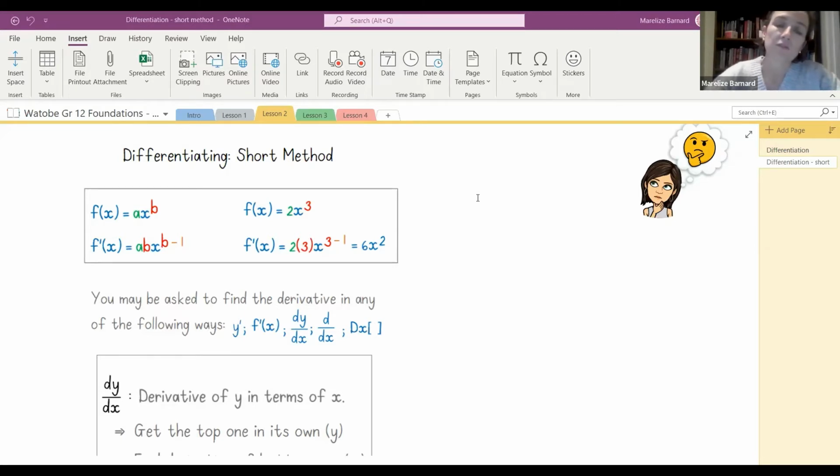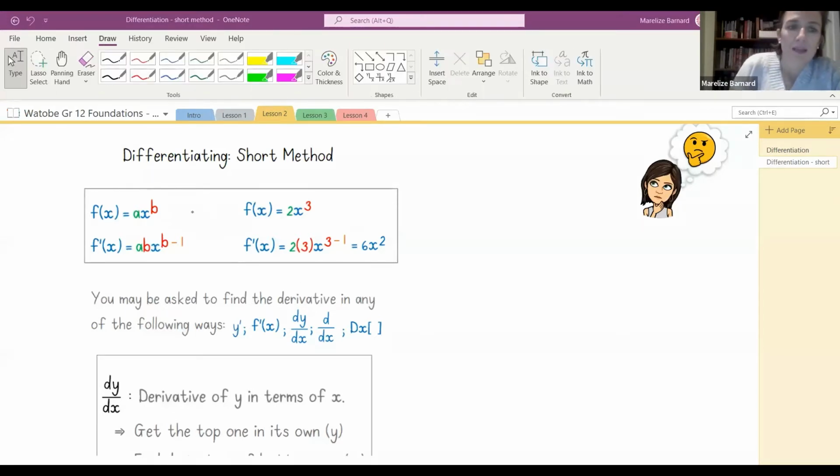So the derivative gives us an expression that we can use to calculate the gradient at a particular point. The first rule that you learn says that to differentiate any function, we take the exponent, in this case this number b, we times it by whatever number is in front of x, and we subtract 1 from the exponent.